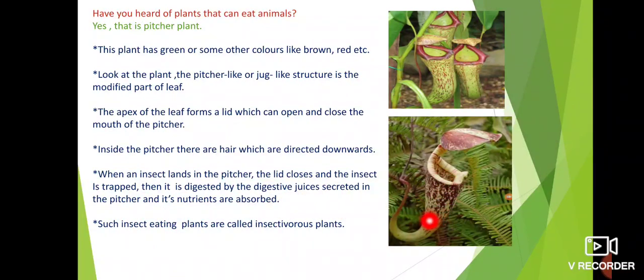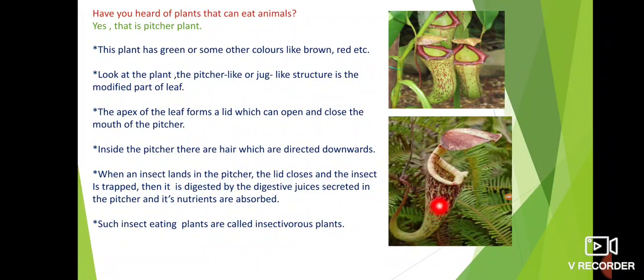When an insect lands on this surface, the tip of the leaf closes, and the insect is trapped inside this jug-like structure and digested by the digestive juices present in it.